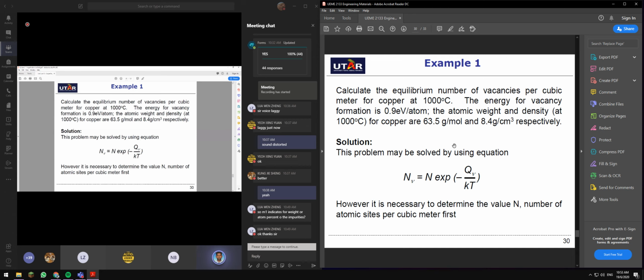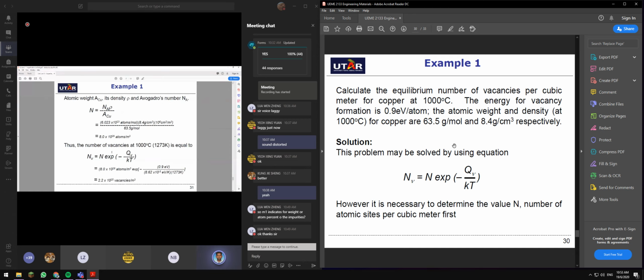Now, at first you need to find N. They didn't give N. For you to find N, you need the atomic weight of copper, its density, and Avogadro's number. Avogadro's number is 6.02 times 10 to the power of 23. Usually this number is given.